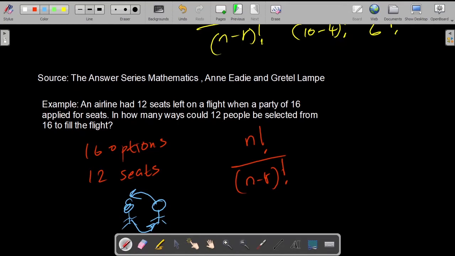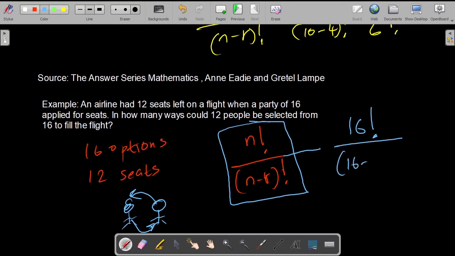So what we have to do to cover up for this possibility is that we compute as we previously did, which is that we have 16 options, 16 people. And those people should basically subtract the possible seats or the possible spaces, but we also multiply by the possible arrangements or the possible ways that these people can actually be placed on the seats.